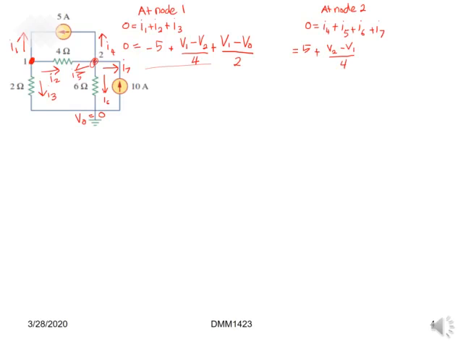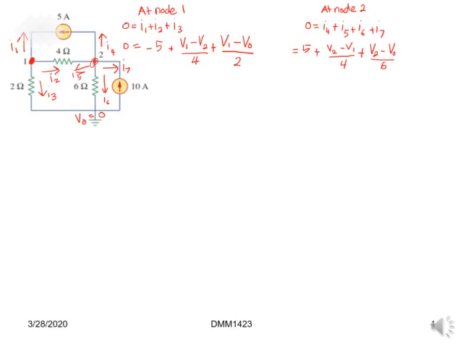From here, I4, the current is in the same direction as the 5 ampere source, so it equals 5. Then I5 is plus V2 minus V1 over 4 ohm.